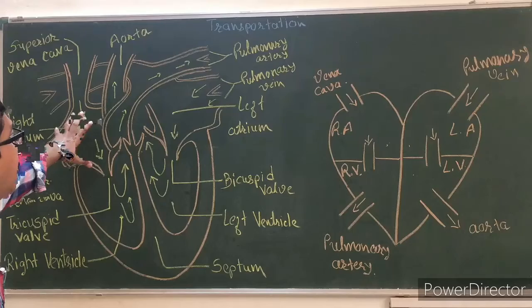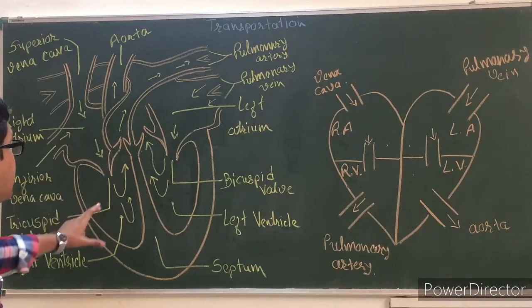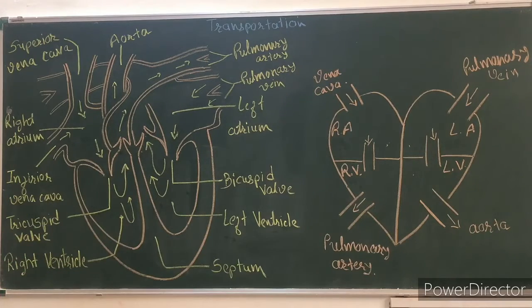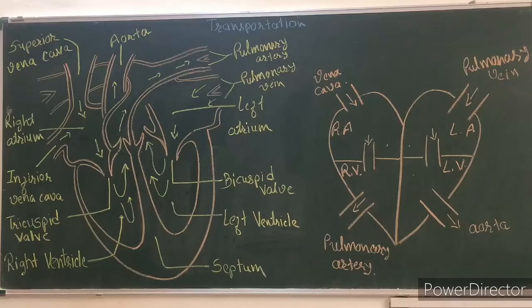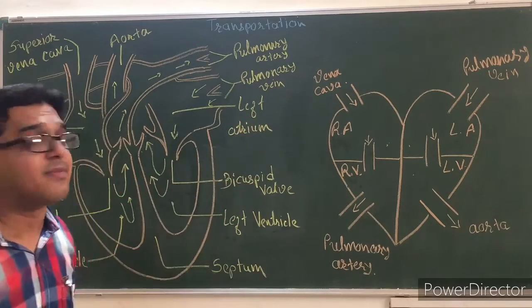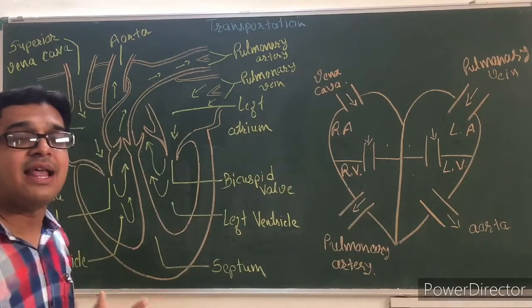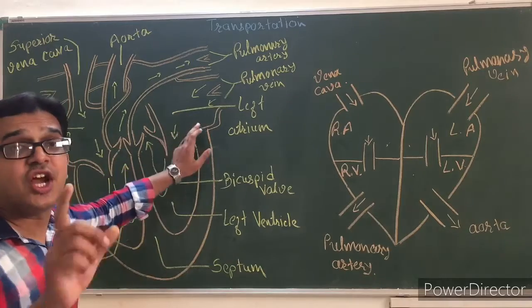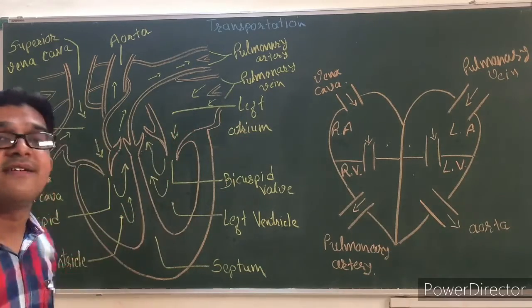Due to the contraction of the right atrium, the tricuspid valve opens, so from the right atrium the deoxygenated blood enters the right ventricle. Similarly, due to the contraction of the left atrium, the bicuspid valve opens and allows the oxygenated blood from the left atrium to the left ventricle.